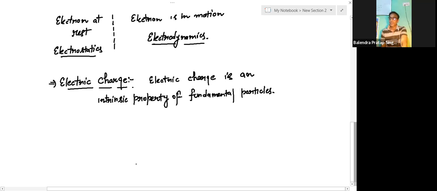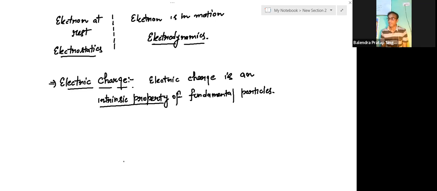Here there are undefined words, like intrinsic property. What is an intrinsic property? It is a property we can't remove; it is the basic property. Mass is an intrinsic property of matter. You can't define mass with some other property; mass is itself used to define other variables.